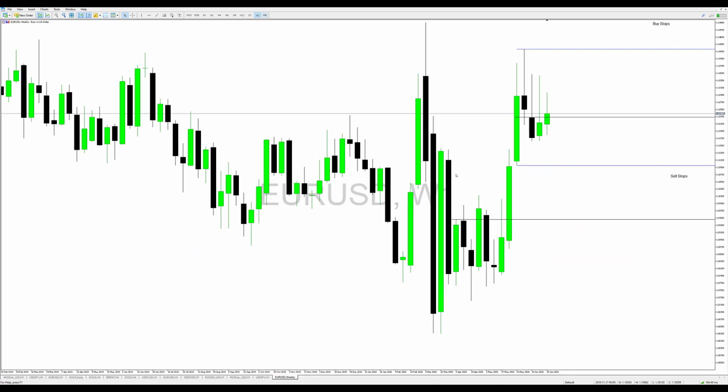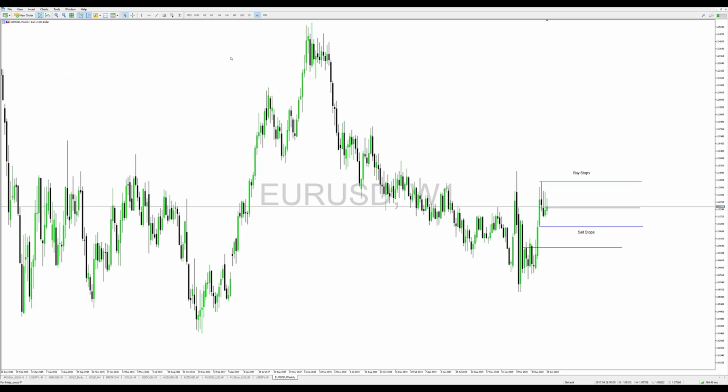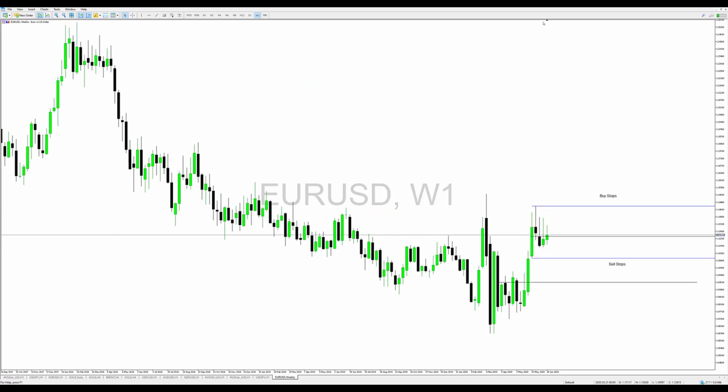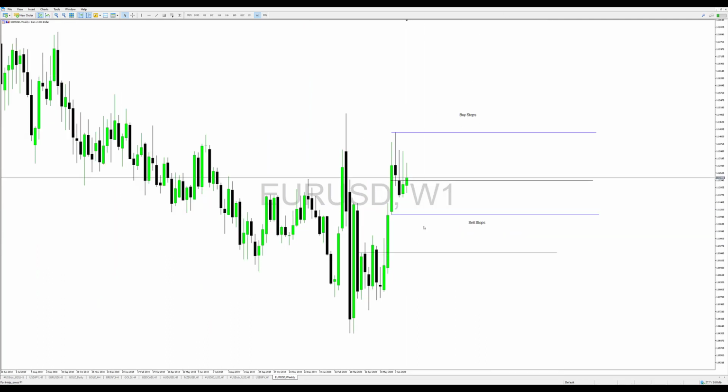So now I'm gonna go to a weekly time frame. Let me just zoom out so that you can clearly see the price action that we are working with, right? So this is my weekly level. So we've got buy stops above here, and then we've got our sell stops below.